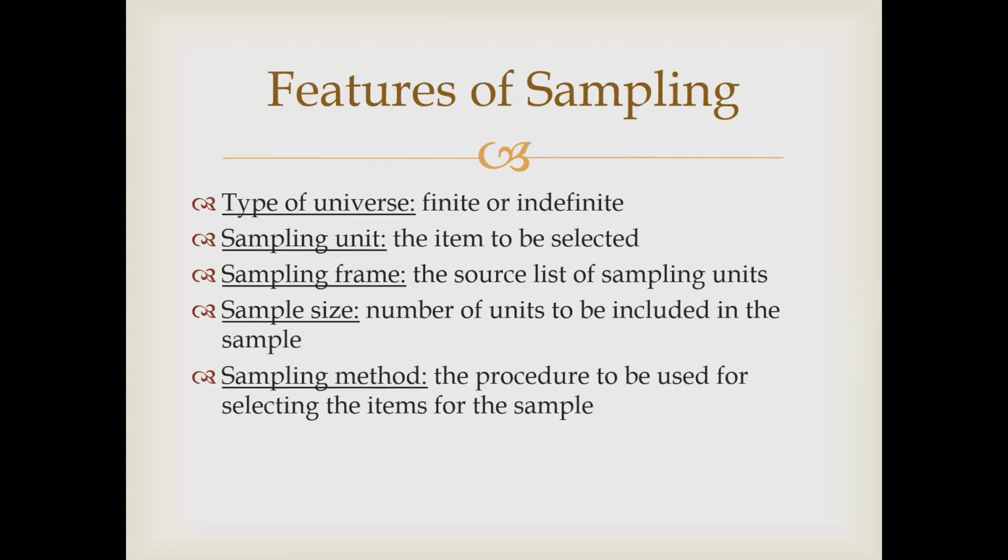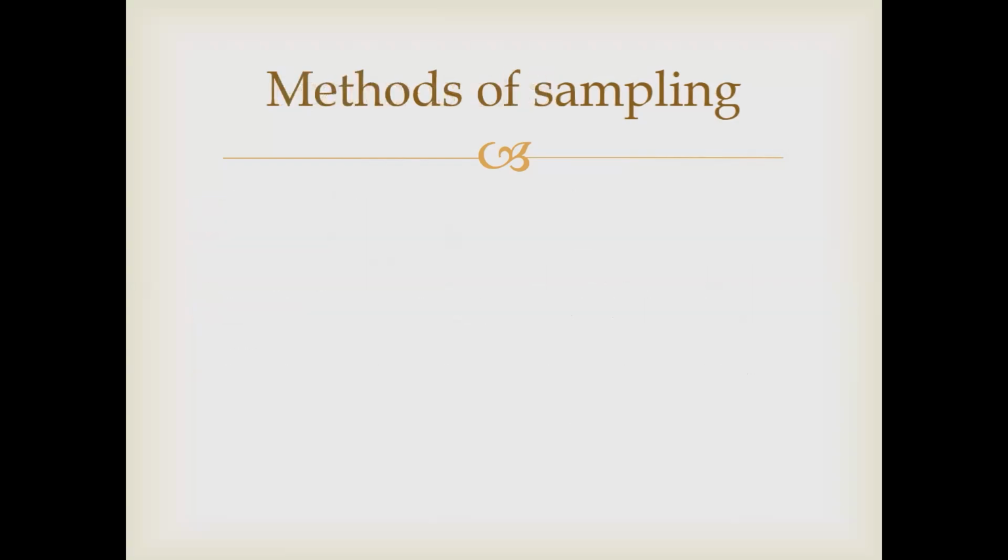Sampling method. Sampling method is the procedure to be used for selecting the items. How do you select the items? What is the procedure that you are using to select the items for the sample? That is called sampling method. We'll study about it in detail later. Okay, so we are starting with the last one.